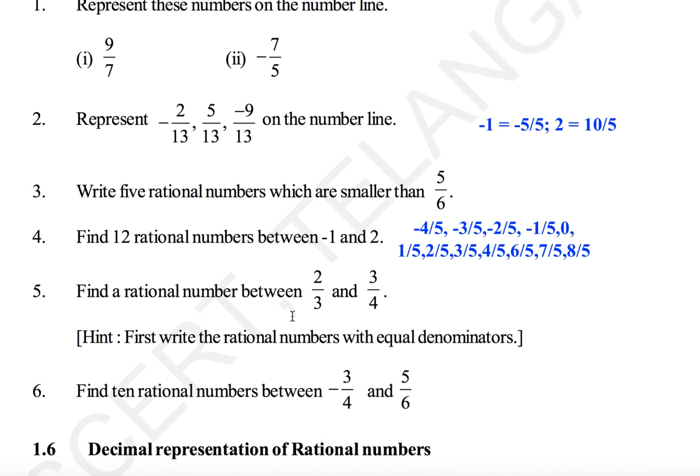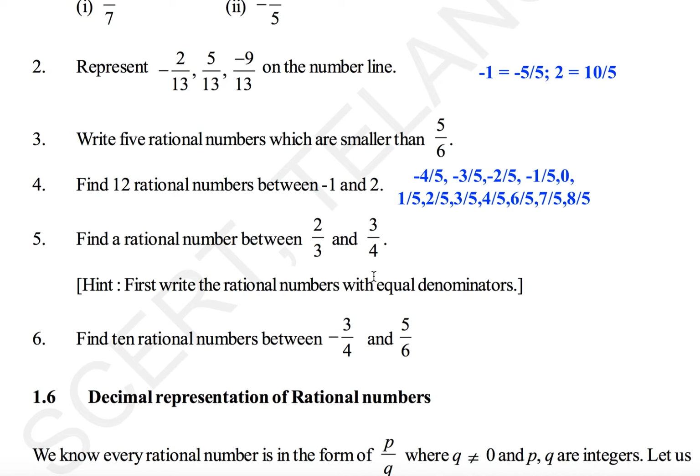Find a rational number between 2 by 3 and 3 by 4. Take the LCM. The average method can also be used. Equalize the denominators.